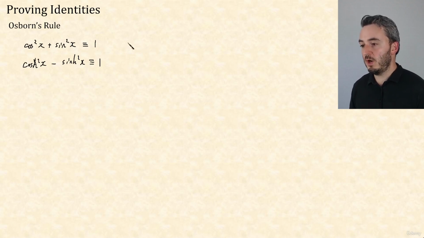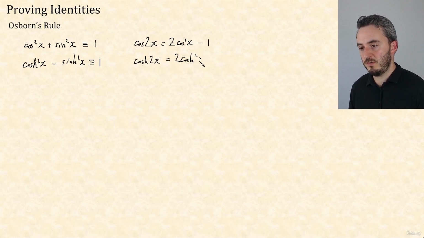Similarly, for a cos double angle, for instance, we have cos of 2x. Well, we've got a few versions. For instance, we've got 2 cos squared x minus 1. In the hyperbolic trig world, there's no sine squared there, so this result stays the same: cosh 2x is 2 cosh squared x minus 1.